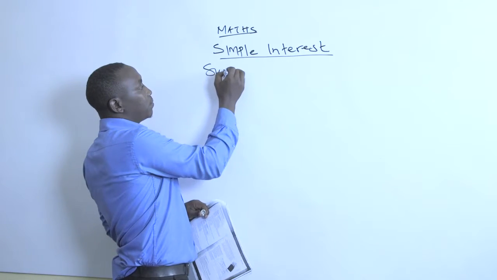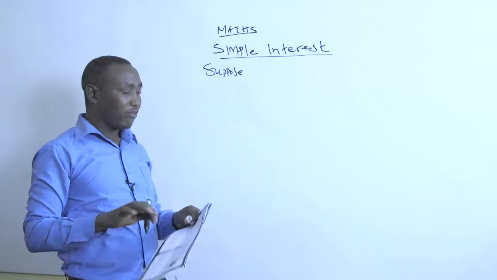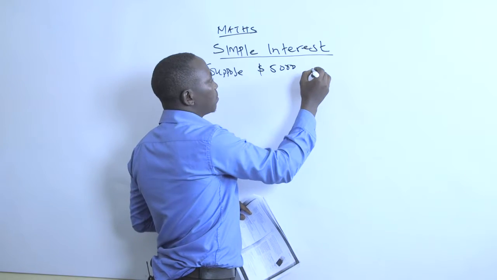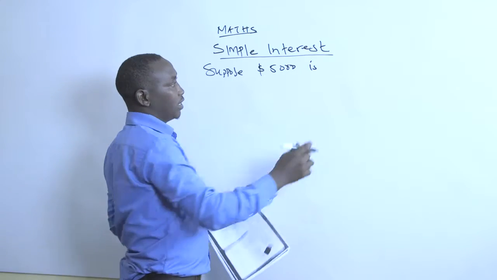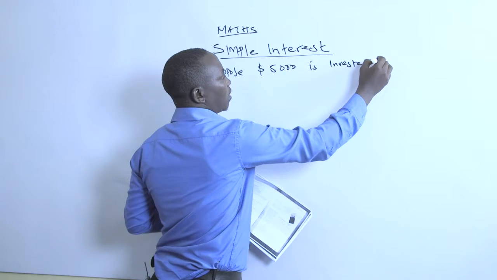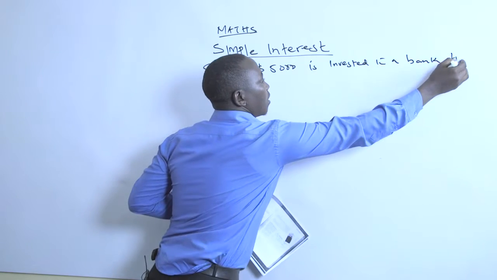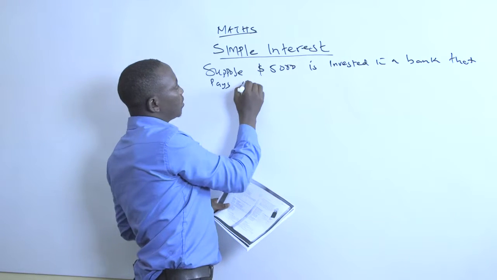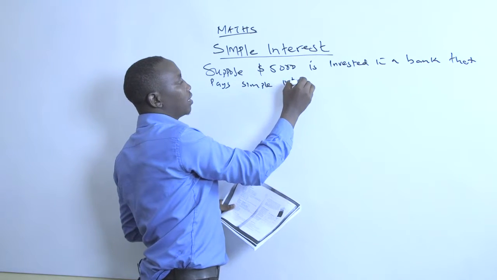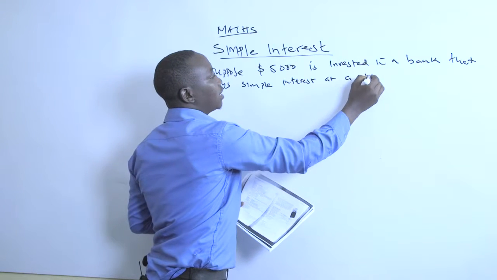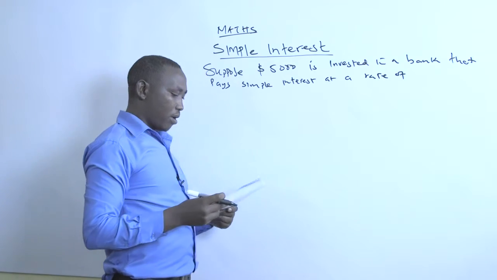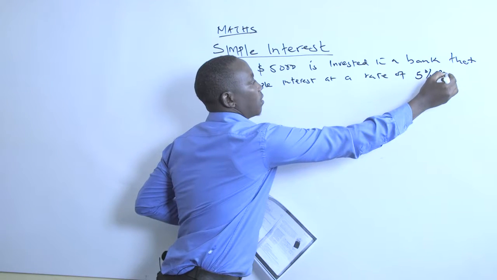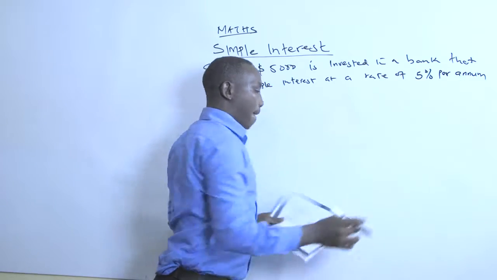Suppose 5,000 US dollars is invested in a bank that pays simple interest at a rate of 5% per annum.